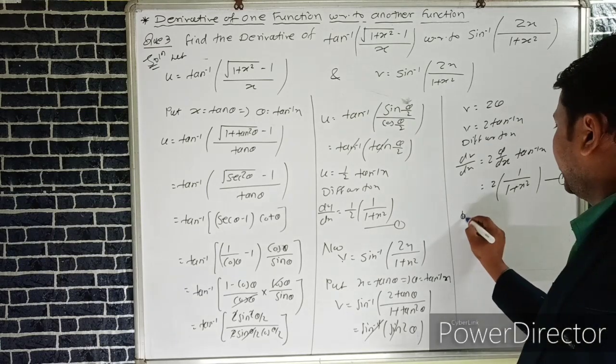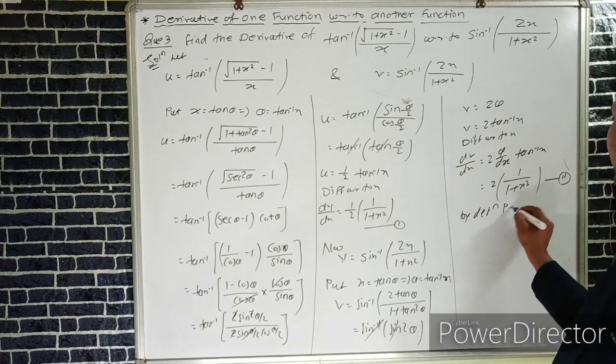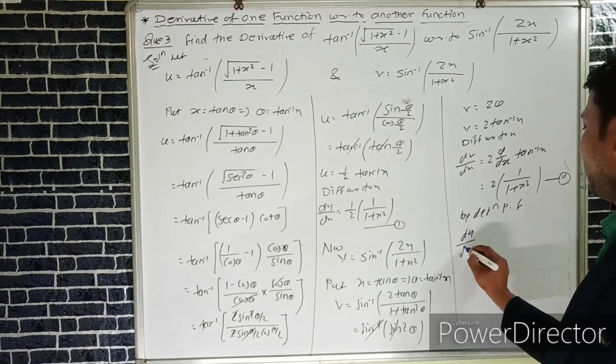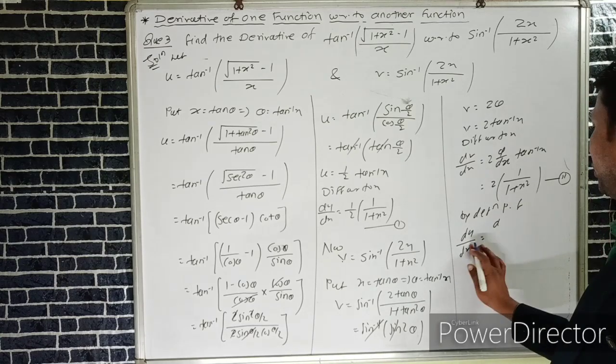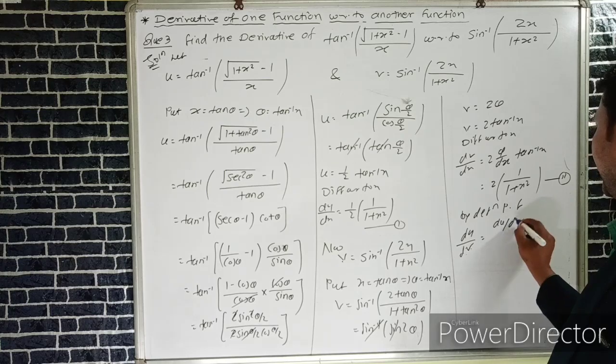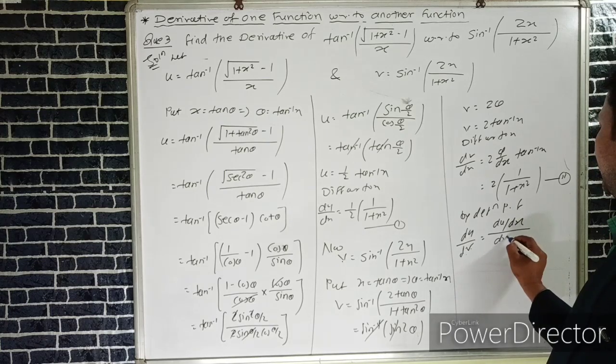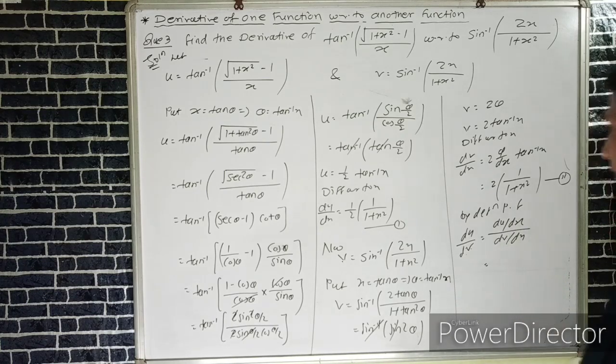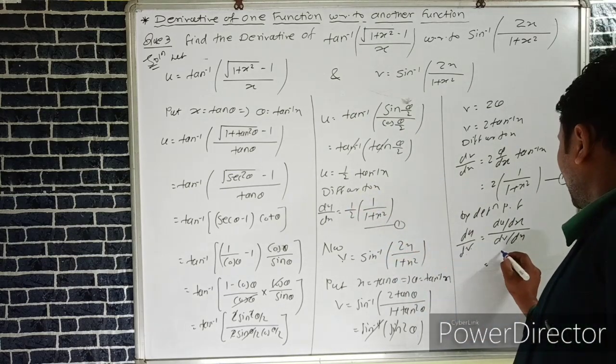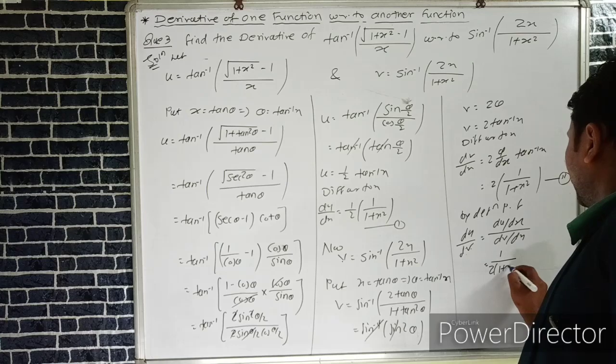Now by the definition of parametric function, we can write du upon dx is equal to du upon dv, which equals du by dx upon dv by dx. We know that du upon dx is 1 into 1 upon 2 (1 plus x square).